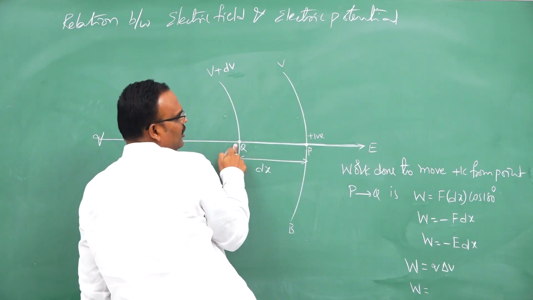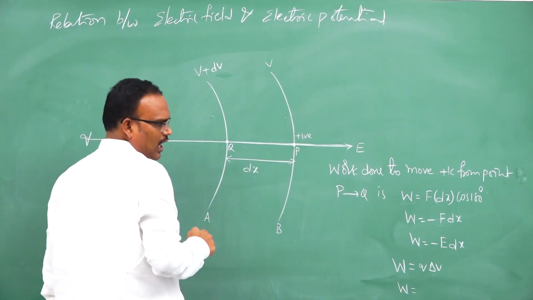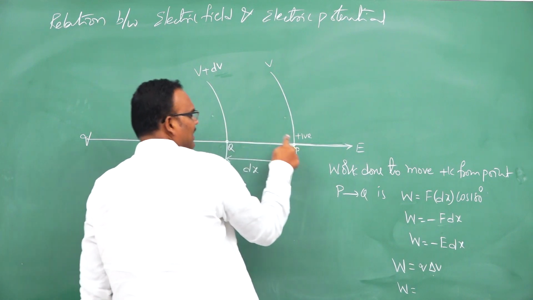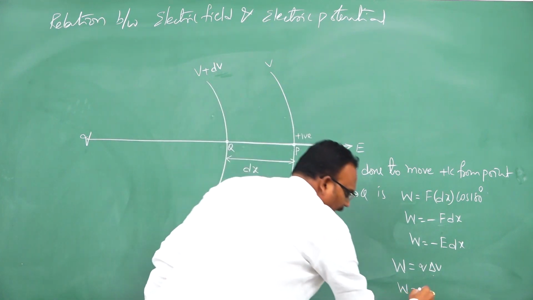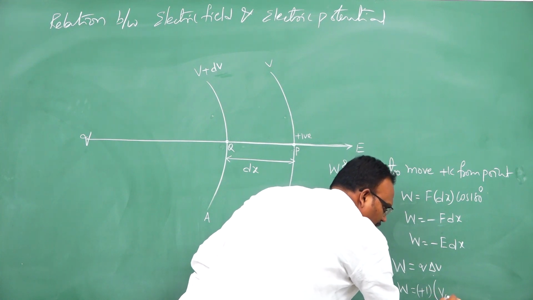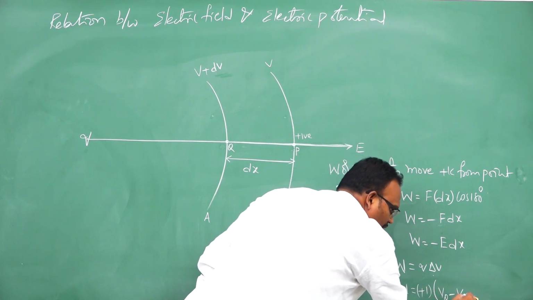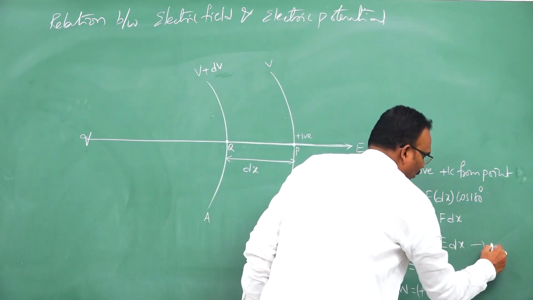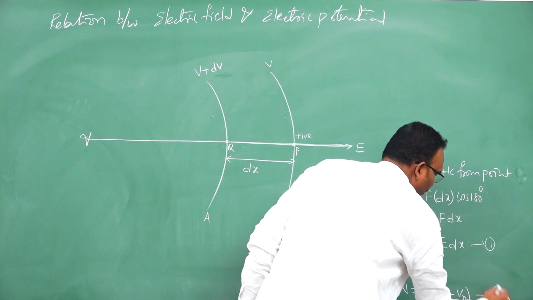This is final potential, this is initial potential. Difference in potential means final potential minus initial potential. Here I am bringing a unit positive charge, and final potential is Vq, initial potential is Vp. So, this is equation number 1, this is equation number 2.